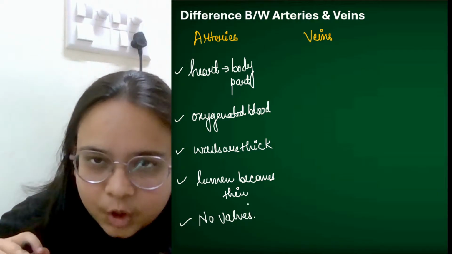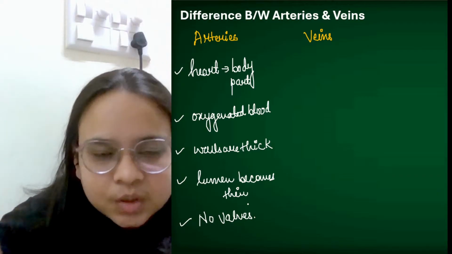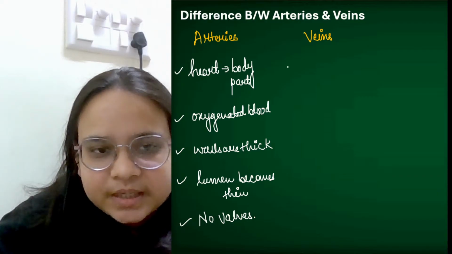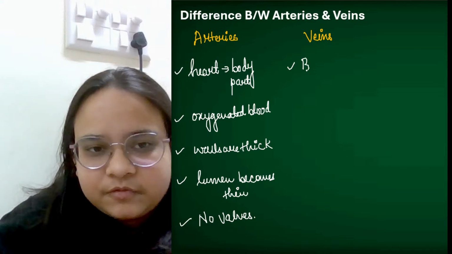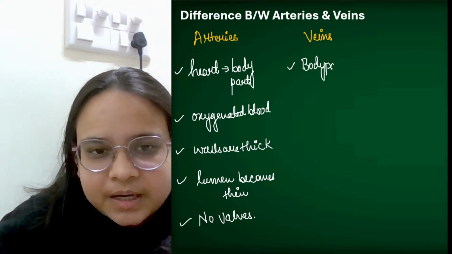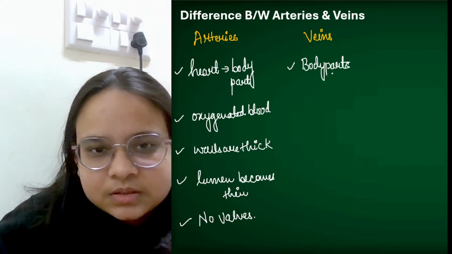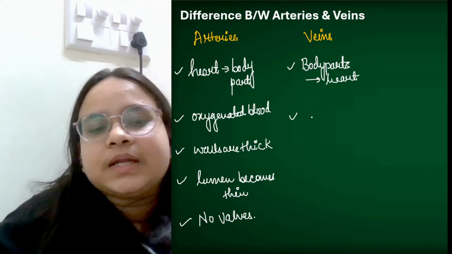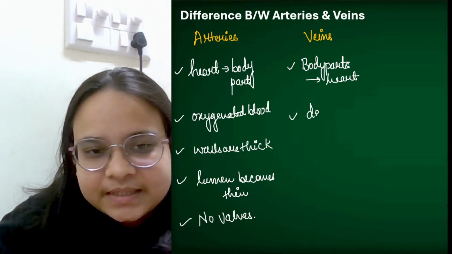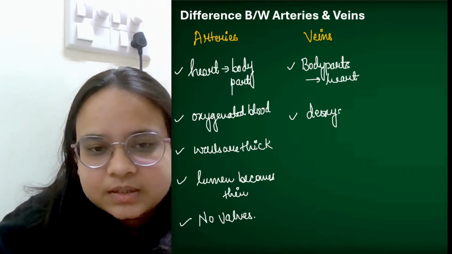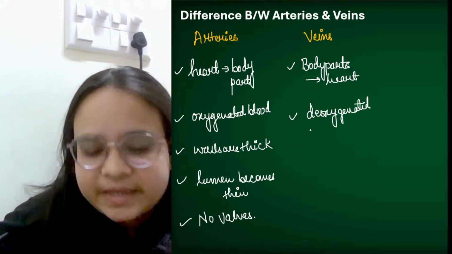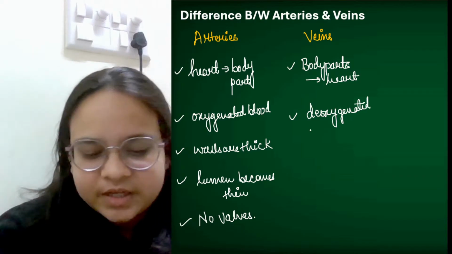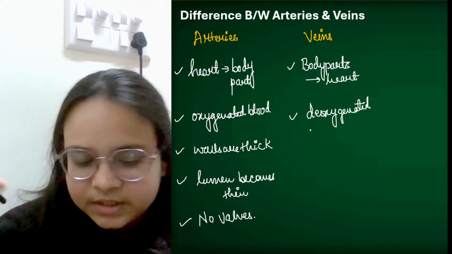Just the opposite things are noticed in case of veins. Blood flows from other body parts to the heart. Second, veins generally carry deoxygenated blood, but there is one exception that we are going to discuss when we talk about the anatomy of the heart.